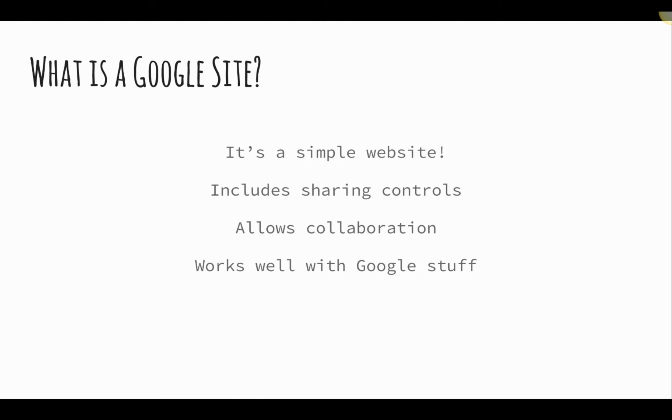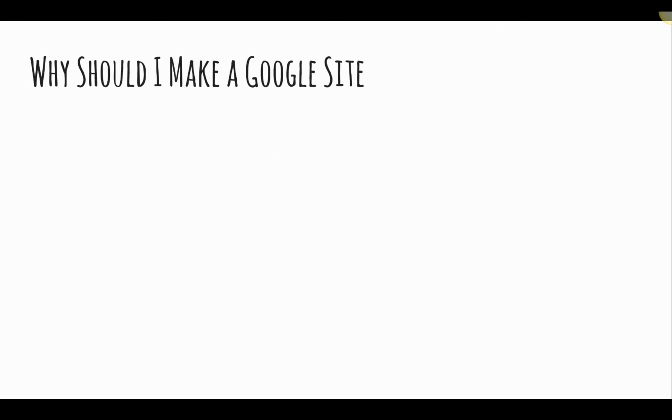The embedding is almost non-existent for basically all Google products. It does work with other products too, but because this is a Google site, they really ensure that it's going to work seamlessly with other Google products, which I use a lot, so it works well for me. And if you use Google stuff like YouTube or any of the Drive products, then it should be a pretty good fit for you.